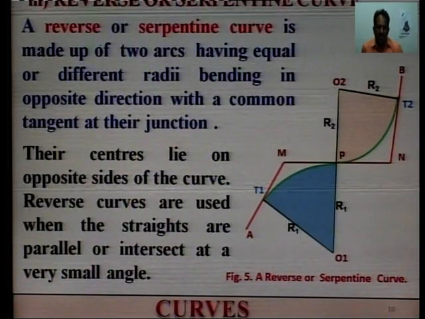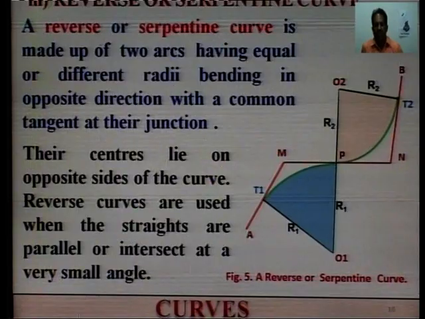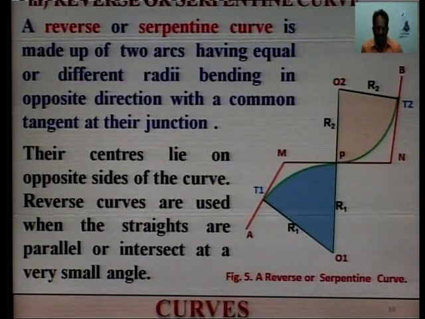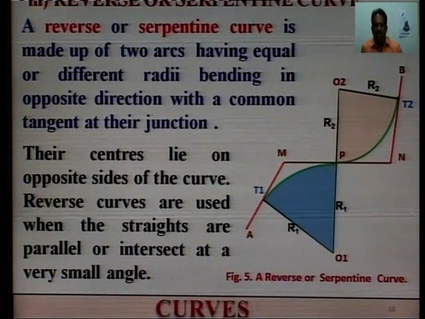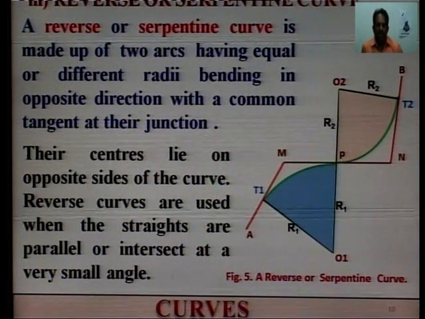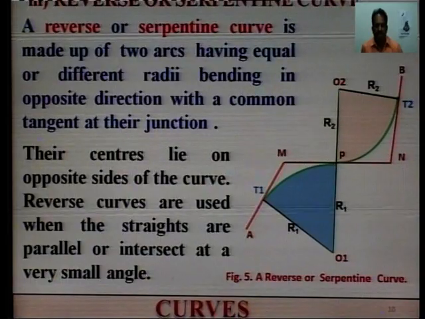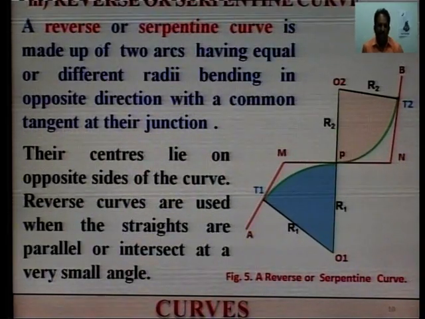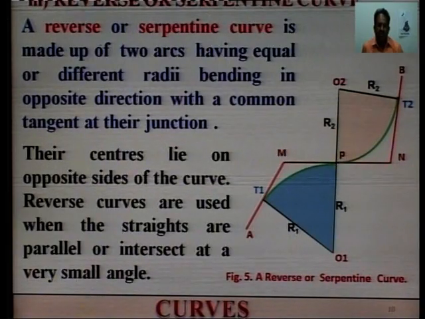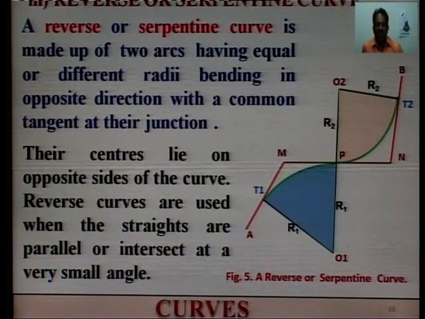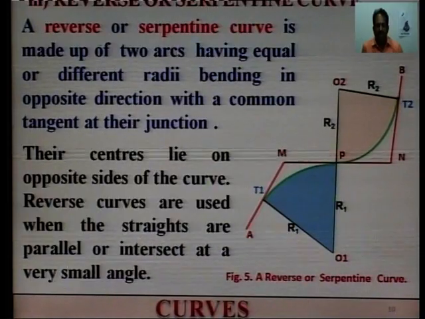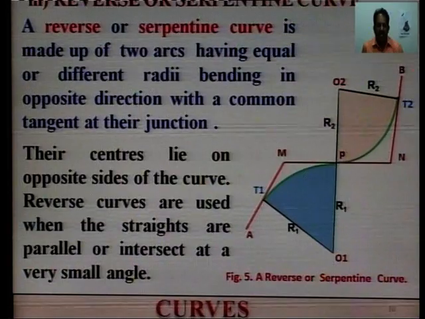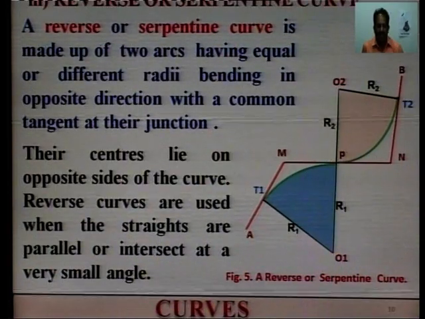They bend in opposite directions, that is both the curves bend in the opposite direction of the common tangent at their junction. When these curves meet at a junction, they may have different radii and bend in the opposite direction. So, I once again repeat, a reverse or serpentine curve is made up of two arcs having equal or different radii bending in opposite direction with a common tangent at their junction.